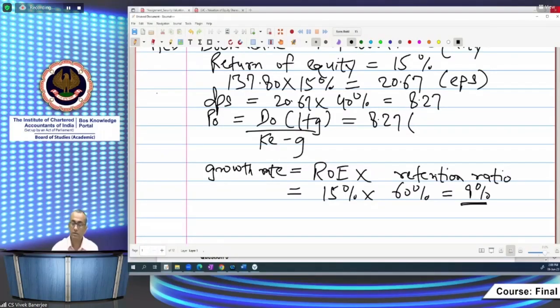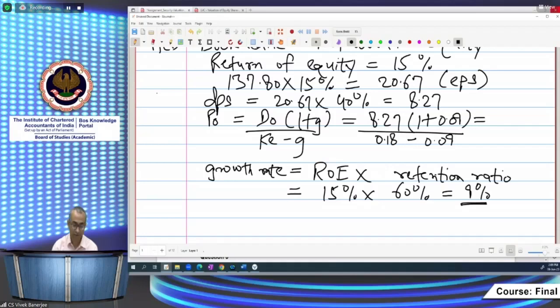Now we have all the figures, we can put them into the formula. So 8.27 is the D0, dividend per share, times 1 plus growth rate. Growth rate is 9%. KE, the cost of equity capital, is given in the question as 18%, so it is 0.18 minus growth rate.